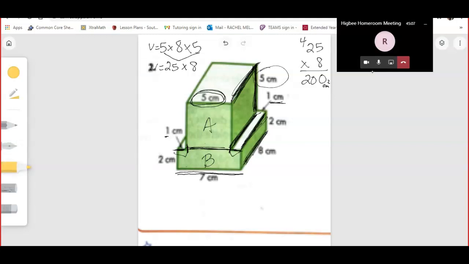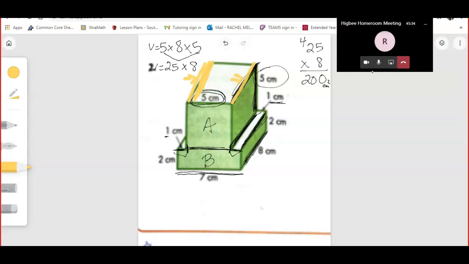Let's say I'm trying to figure out this length or width, but there's no label here. I have to start using what I know about rectangles. I know that this side has to also be this side, because it's a rectangle, they have to be the same.